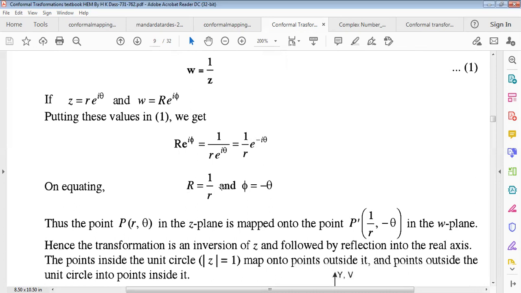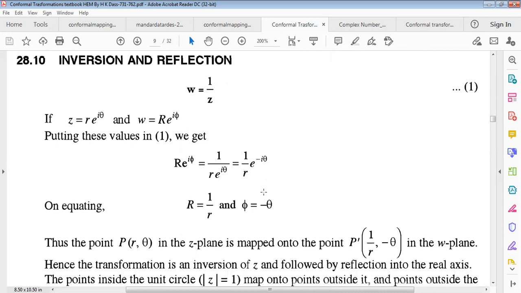Capital R can be written as 1 by R, and the angle will be transformed to what? Minus theta. That means this is the inverse of R. 1 by R will be the inverse, and the angle will be the negative, the opposite of the other angle.